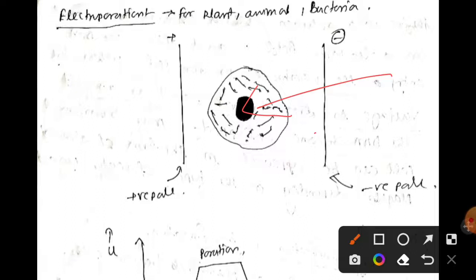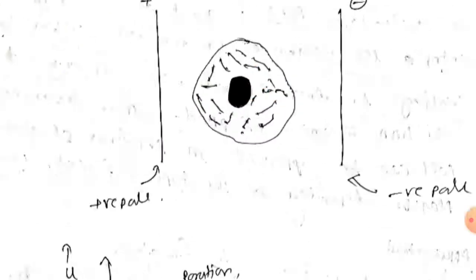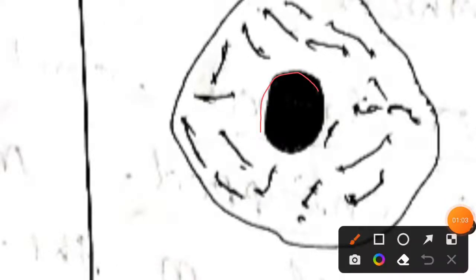In terms of gene therapy, the DNAs are our therapeutic genes. Initially the entire cell is totally sealed, so it is near about impossible for the DNA to enter inside the cell.